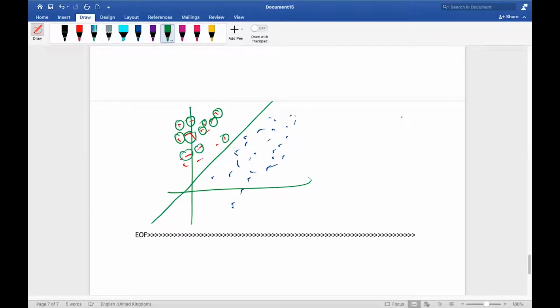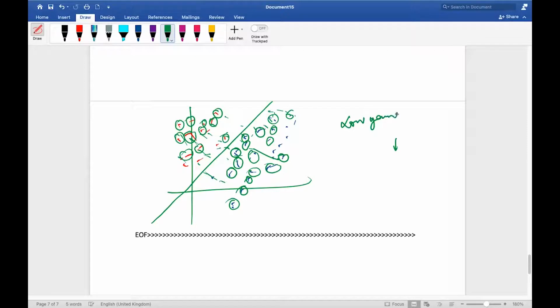Again, I'm saying low gamma, and how low I'm not defining. On the basis of that, if you keep on decreasing, it will go far and consider distant points also. So the margin and all is considered based on the distant points also, right?